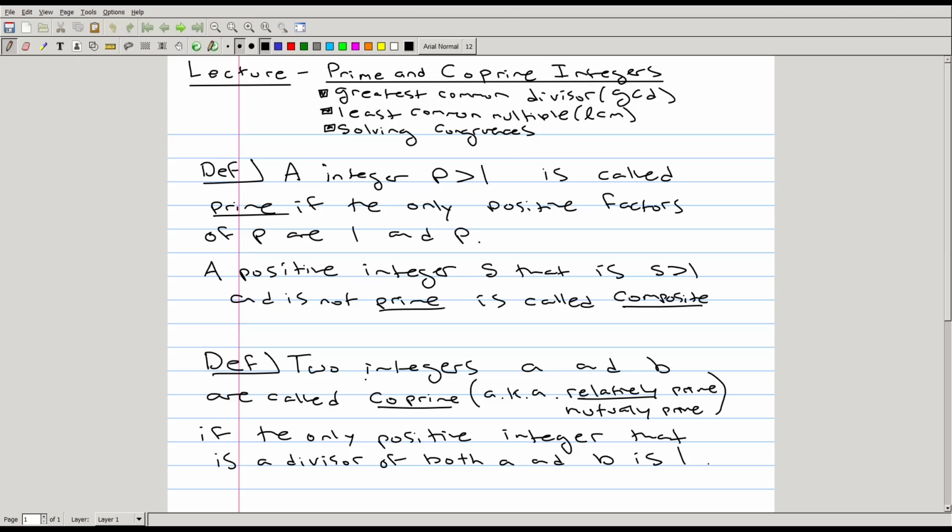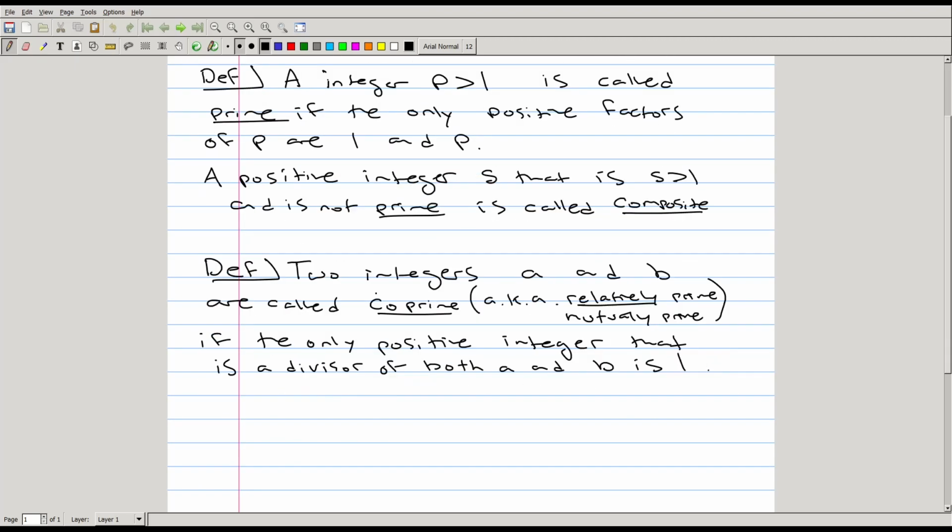So at the end of lecture 14 part 2, we ended up developing two definitions. The definition of a prime number, which is a number whose only positive factors are p, so the number itself, and 1. And a composite integer, which is an integer that is not prime, so an integer that has factors that are different than itself and 1.